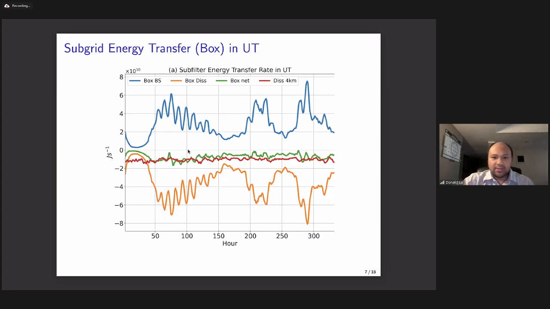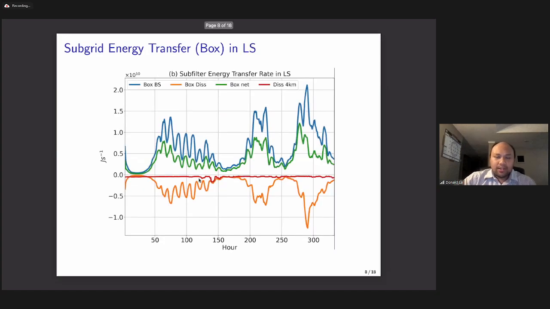Although the green curve is negative, it is the net result of a huge backscatter and a huge dissipation. This is the same plot, except that now we're in the lower stratosphere.